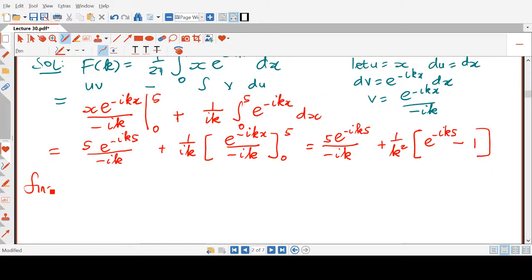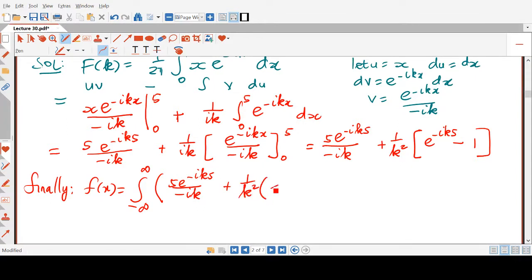So finally, you can say f of x is the integral from minus infinity to plus infinity of f hat of k, which is 5e to the minus ik5 over minus ik, plus 1 over k squared into e to the minus ik5 minus 1, times e to the ikx dk.